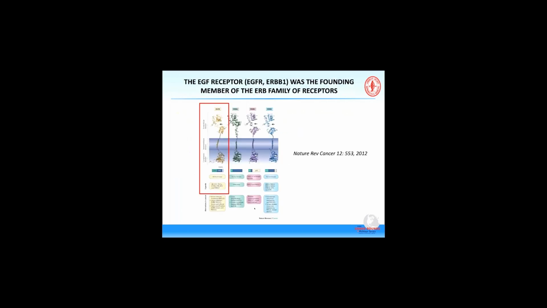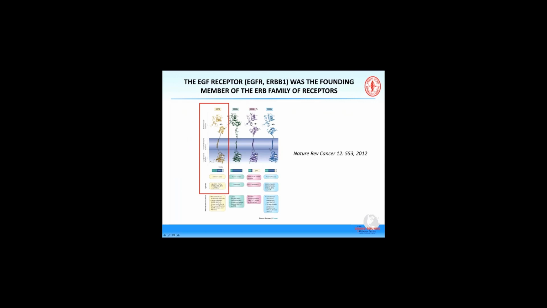One is the receptors that have a tyrosine kinase, and the EGF receptor is a prominent example of that. And another one is the receptors that have guanylate cyclase activity, and the NPR2 receptor is an important member of that family. Both of these are particularly important in oocyte maturation, as you will see at the end of the lecture.